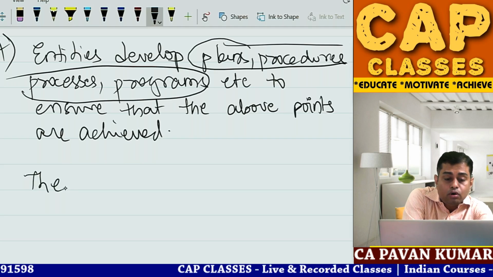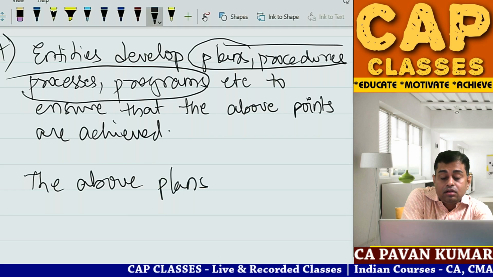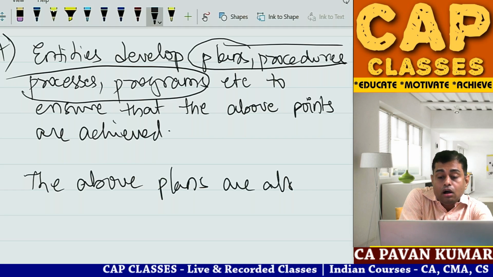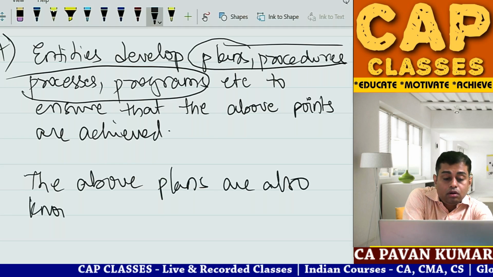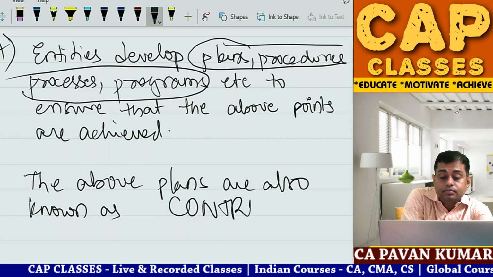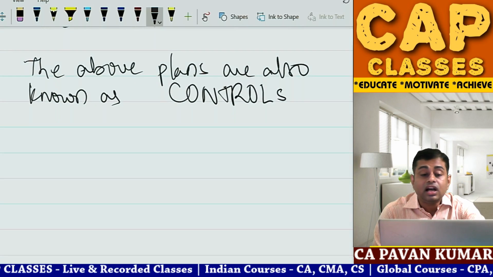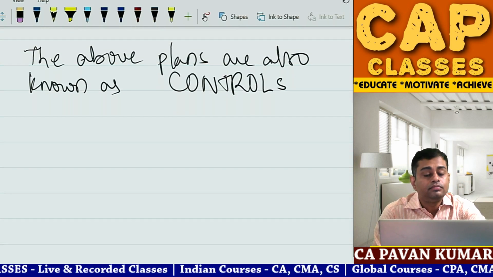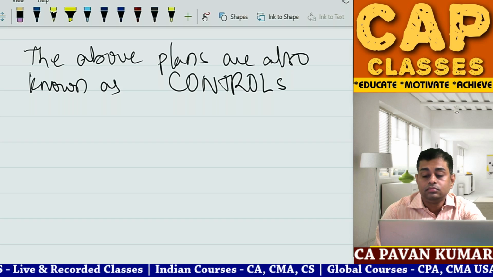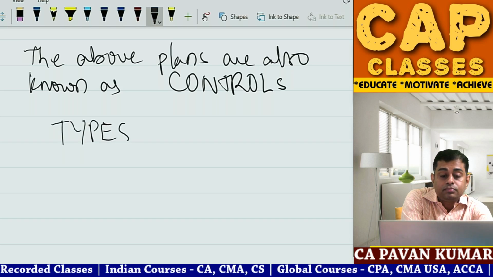Okay, next point. The above plans are also known as controls. Now put the heading: Types of controls.